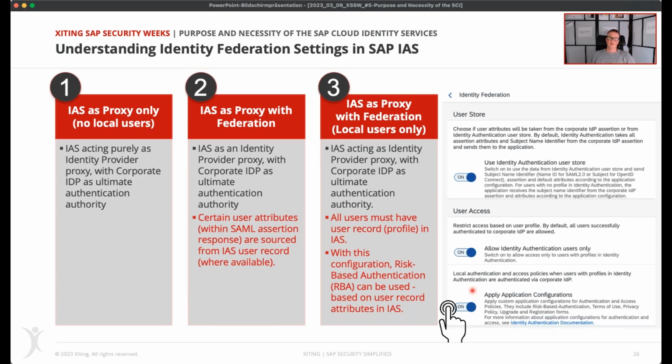That can be done based on groups, so you can filter for specific groups. Not everyone who is authenticated should be able to access all applications in your IAS. So you need to come up with a proper groups concept, and this also involves the risk-based authentication settings.